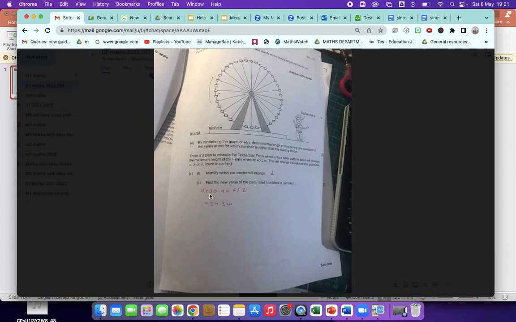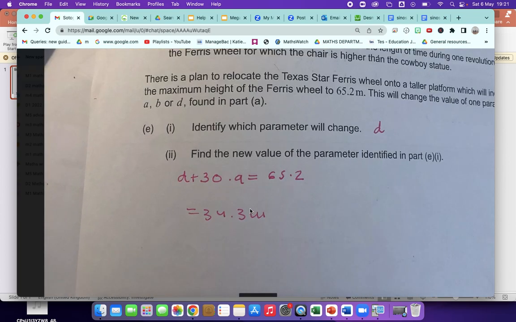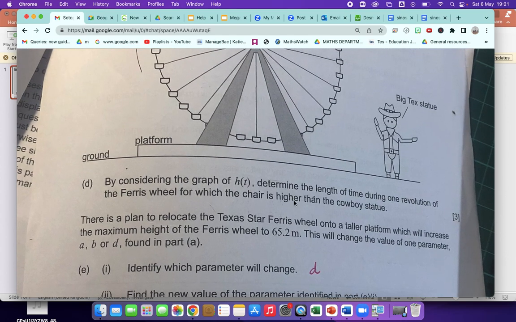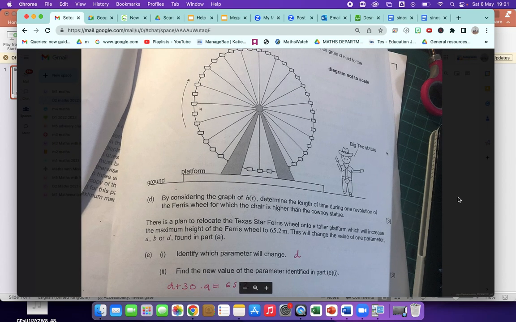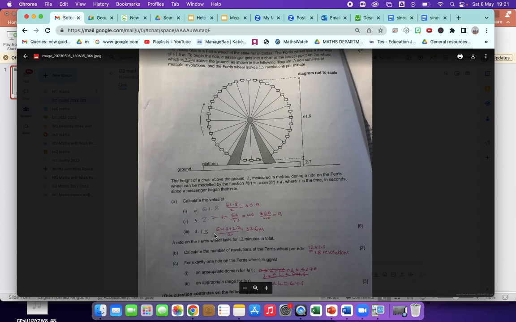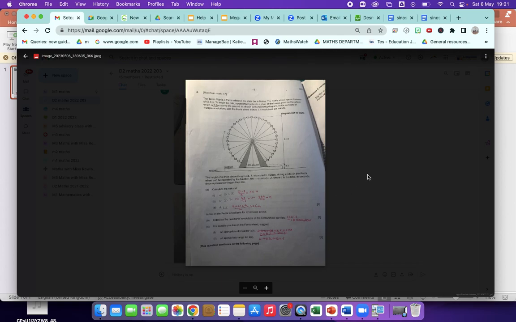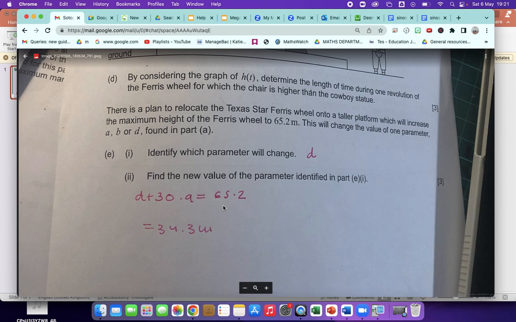Now I'm not sure whether I agree with this working out, but what I would do is take the 33.6 value, which is our original D, and then add the difference of the maximum in the previous question and the maximum in this question. So the maximum in the previous question was going to be 64.5, and then the maximum in this question is going to be 65.2.